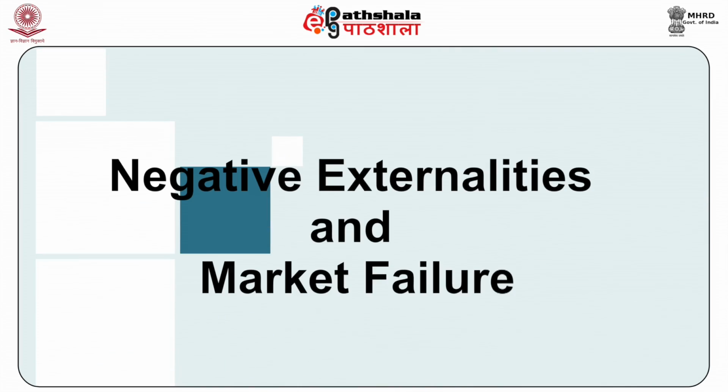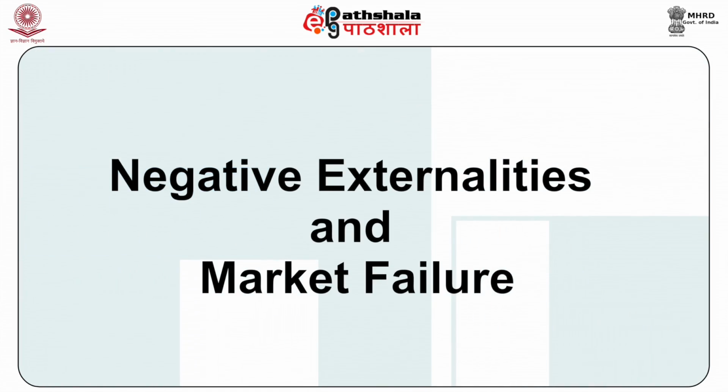In the event of market failure, government comes into the focus and influences the market outcome through its regulatory policy framework and actions. This results in elimination of market failure and efficient allocation is achieved in the market and economy. Now, we will discuss negative externalities and market failure.